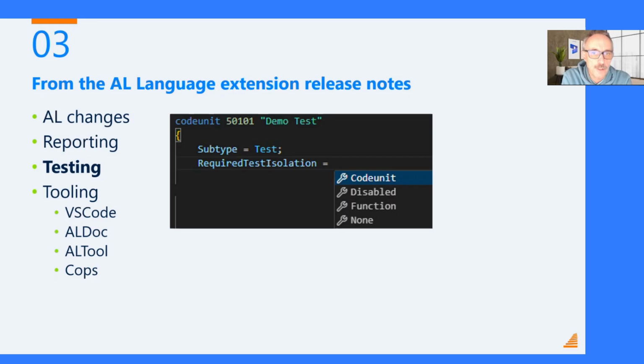So you can now define on your test codeunit that you require a type of test isolation. If you set none, then it doesn't matter, you just accept everything. But otherwise, you need to have a test runner of the same type before you can run this test codeunit.